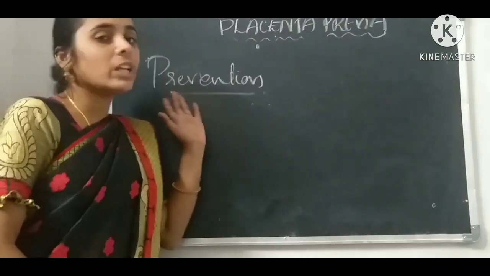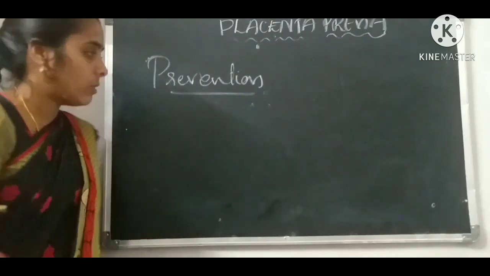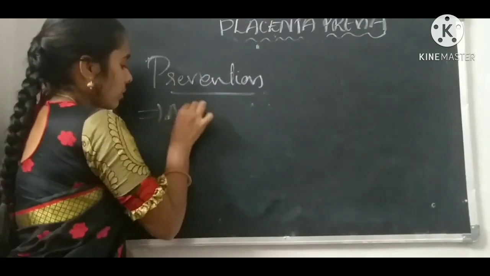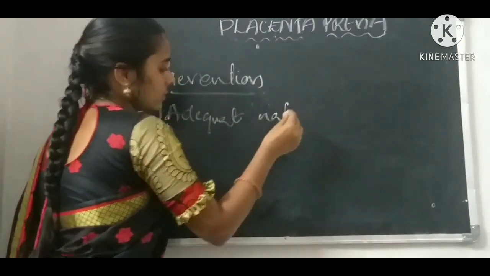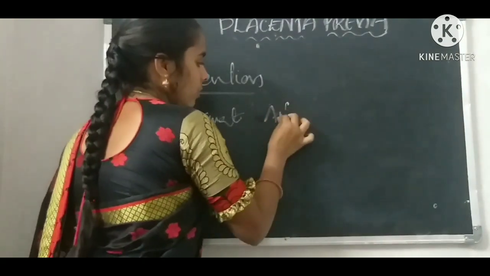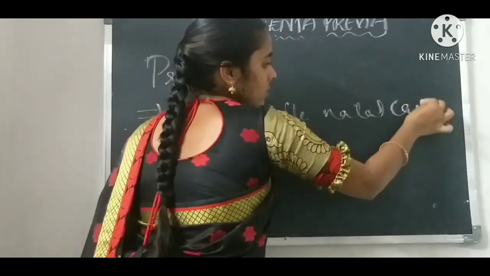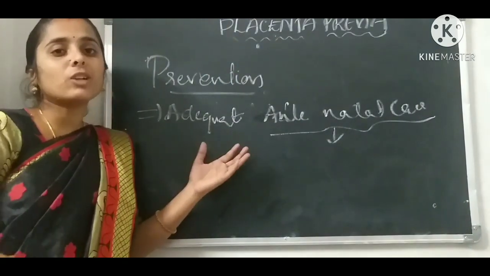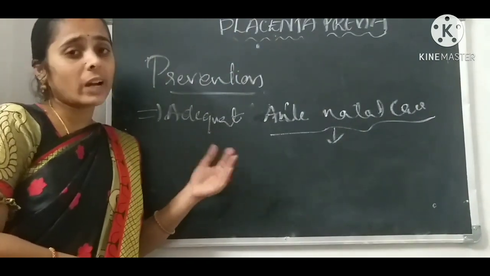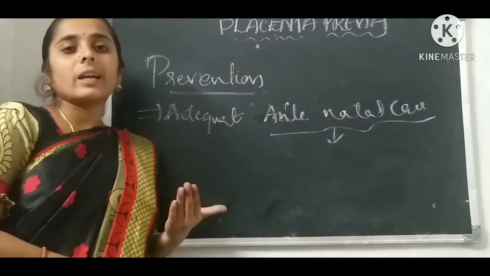We will see the prevention of placenta previa. How to prevent placenta previa? The first one is adequate antenatal care. What is antenatal care? It is the care given for the pregnant woman before delivery. Why is it given? To identify any early disease process.